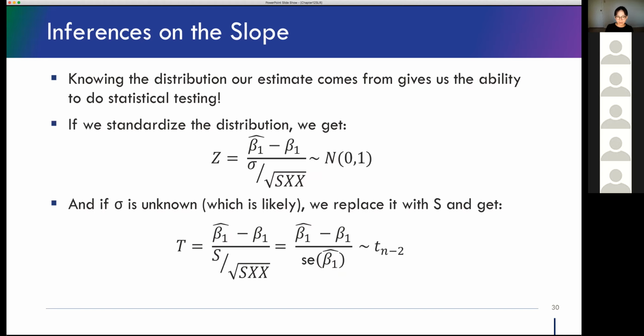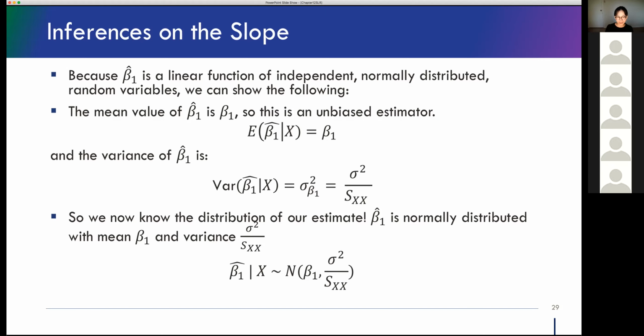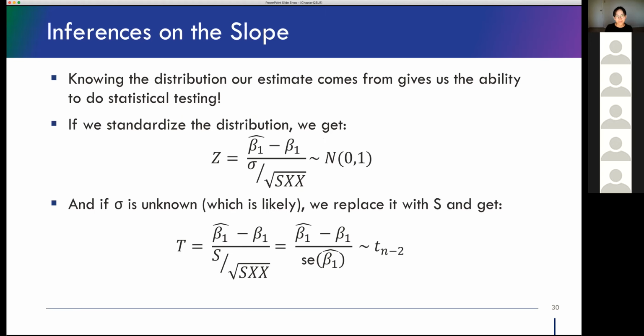Okay, now we have the distribution for our slope estimate, beta 1 hat. That gives us the ability to do testing, right? Let's see what we do for hypothesis testing. Just to let you know, we are testing whether this beta 1 equals 0 or not.